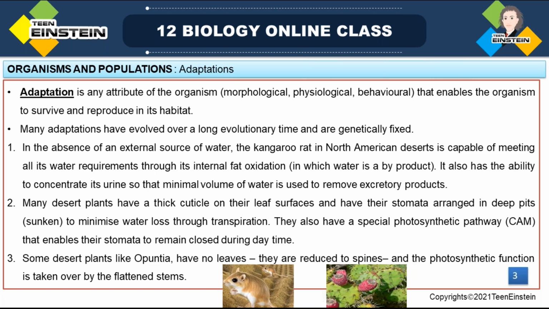The body of the organism develops these adaptations. So by considering one character, we cannot say directly whether it is an adaptation or not. Before that, we need to conduct a study about the environment where that organism is living. Based on that environmental condition, we can decide whether the character we have selected in an organism is an adaptation or not.